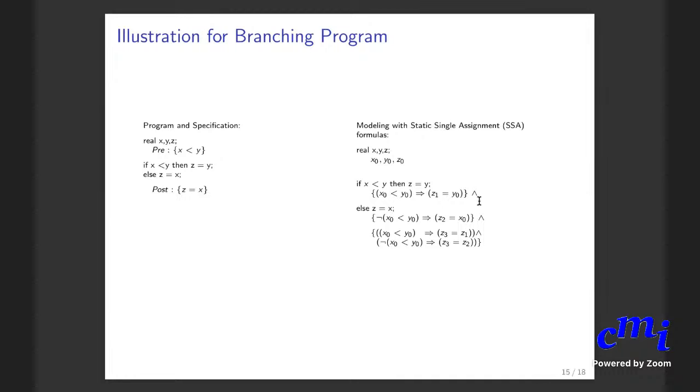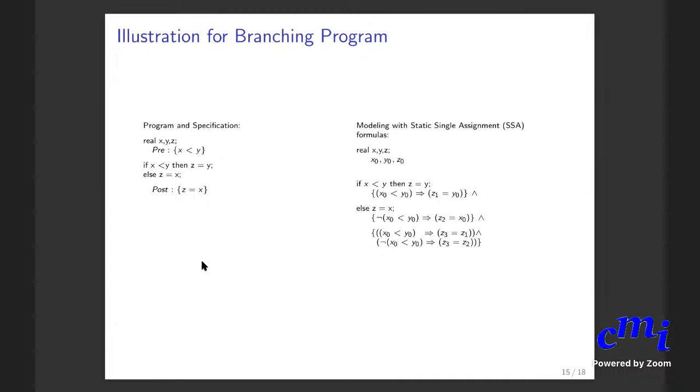Assuming this formula phi, that is the conjunction of these three formulas, and x naught less than y naught, and the conjunction of these three things implies Z3. You have to instantiate the post condition on the latest timestamped version.